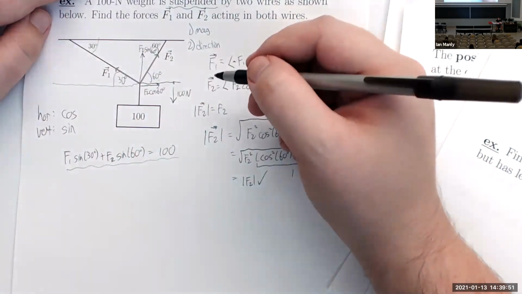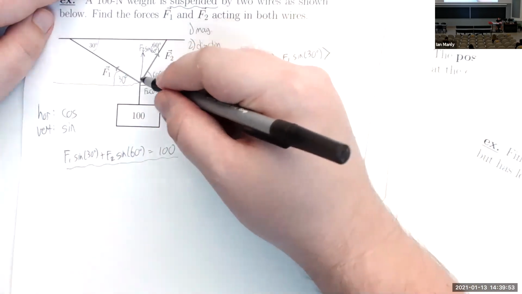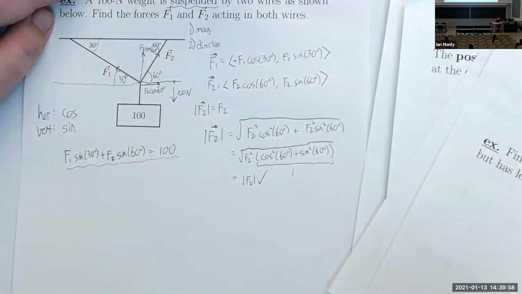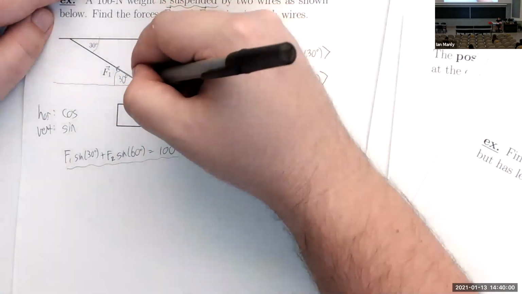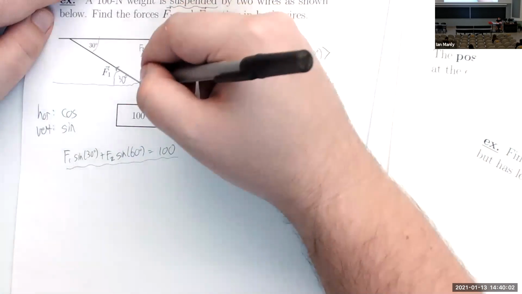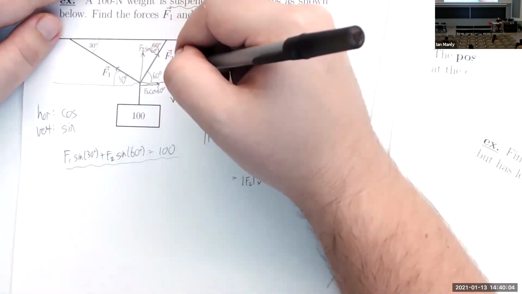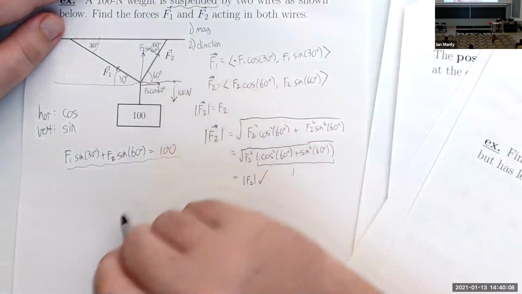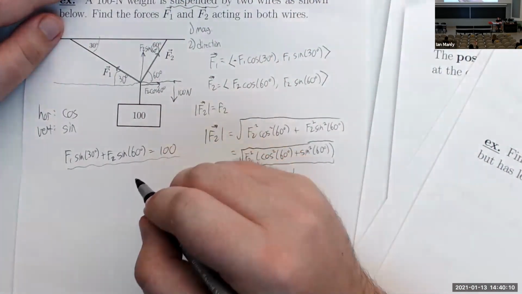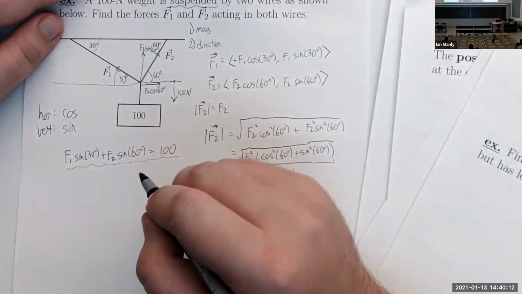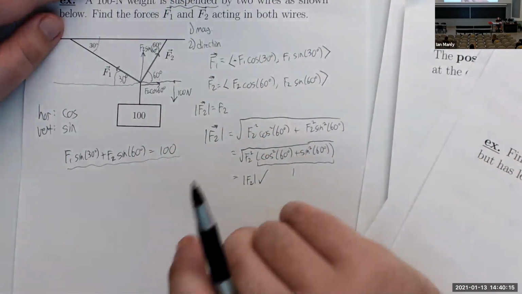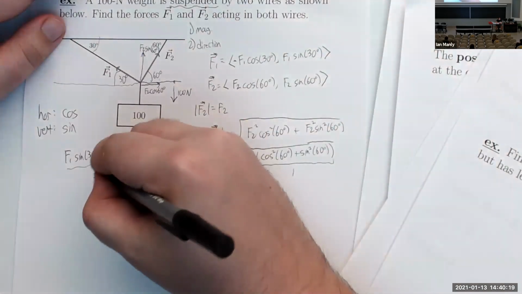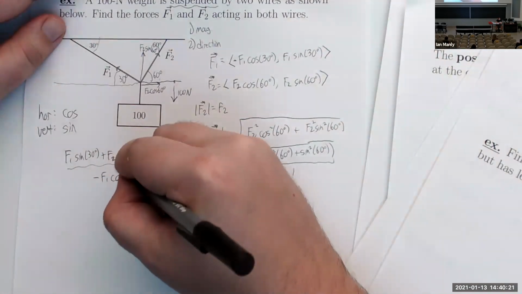And then the other equation, actually, let me see if you guys can figure this out. So it's not moving horizontally at all, right? But the only forces horizontally are the horizontal component of F1 and the horizontal component of F2. So can anyone see what the second equation we're going to write down is? Has to do with the horizontal components. Yeah, that's absolutely right.